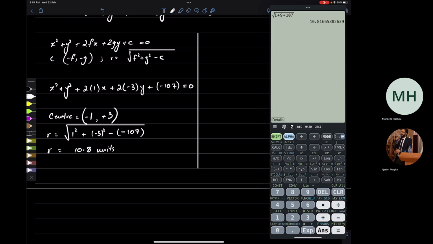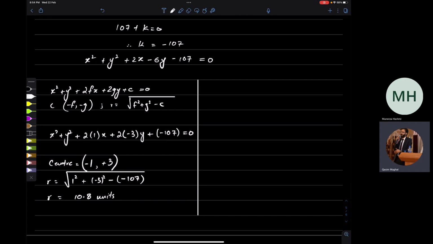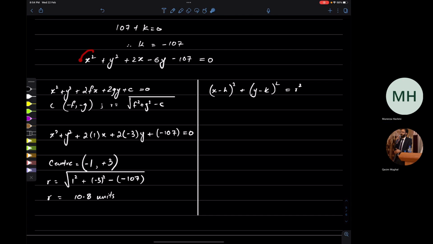Yes. Now, I'll be doing the same question by following the other format, which is x minus h whole squared plus y minus k whole squared equals r squared. So I'll be rearranging this equation first. I'm going to write x squared with the x term, y squared with the y term so that I can complete the square.